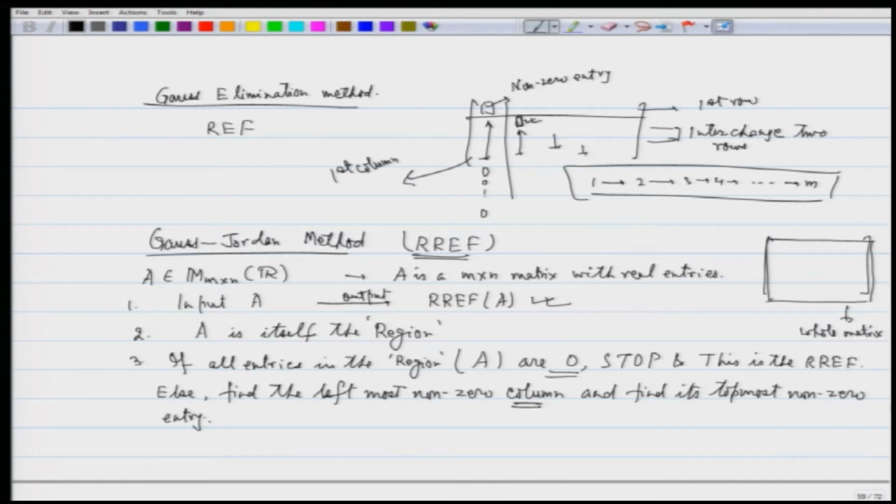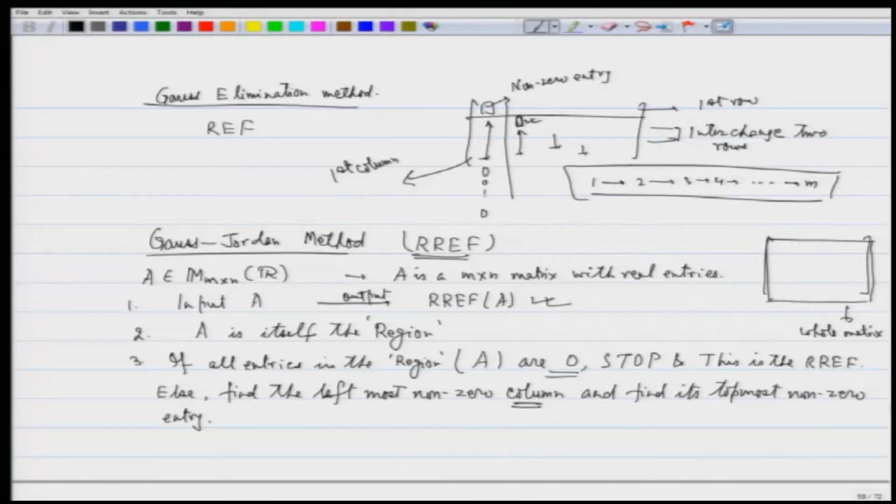So if the matrix has all entries 0, we stop, we have the RREF. Else you find the leftmost column which has a non-zero entry. In that column, pick the topmost non-zero entry. That entry is our pivot.